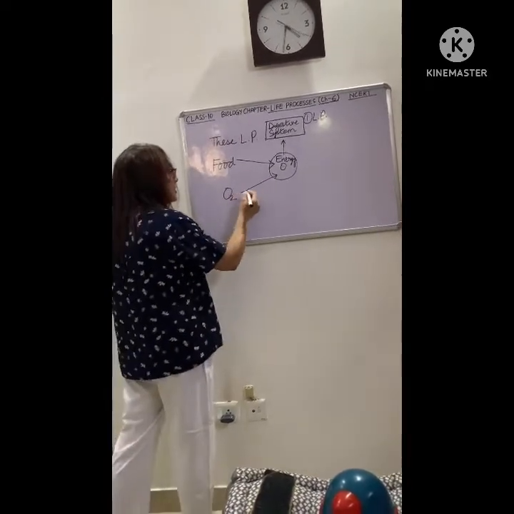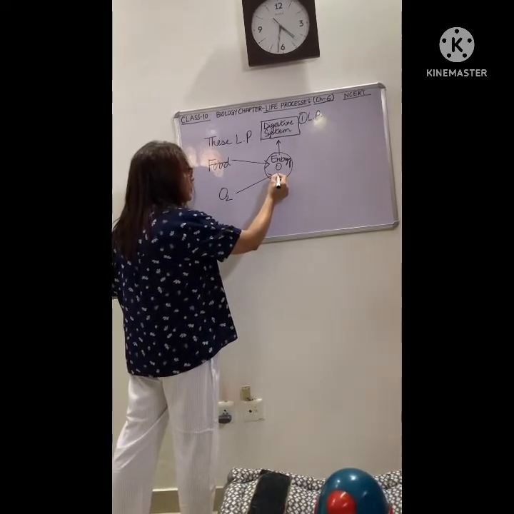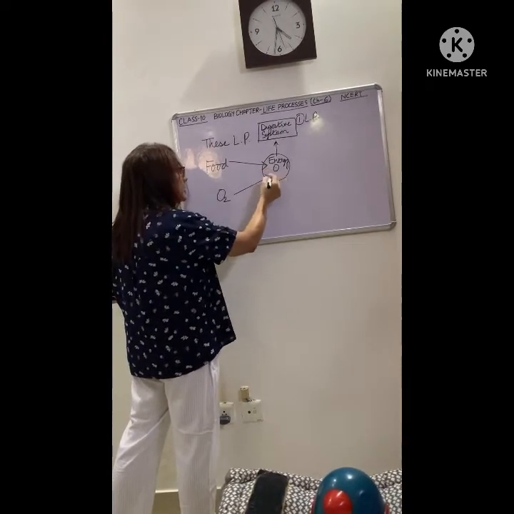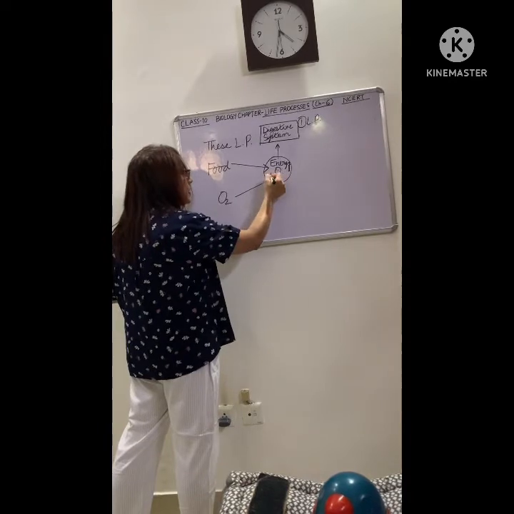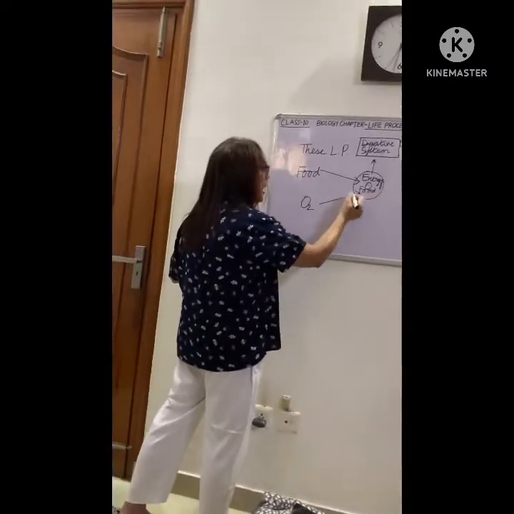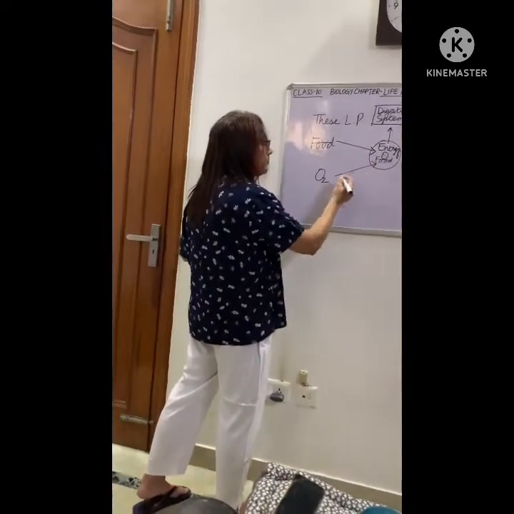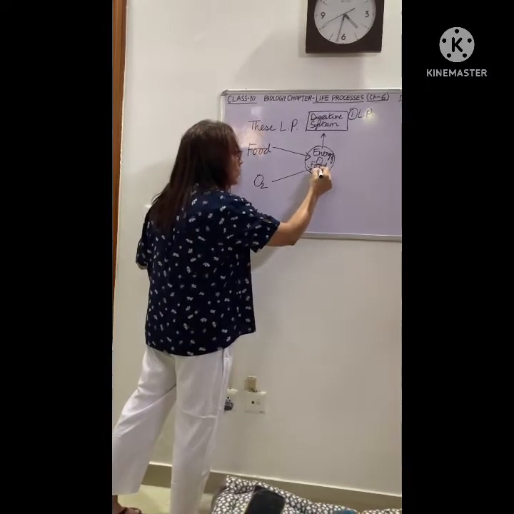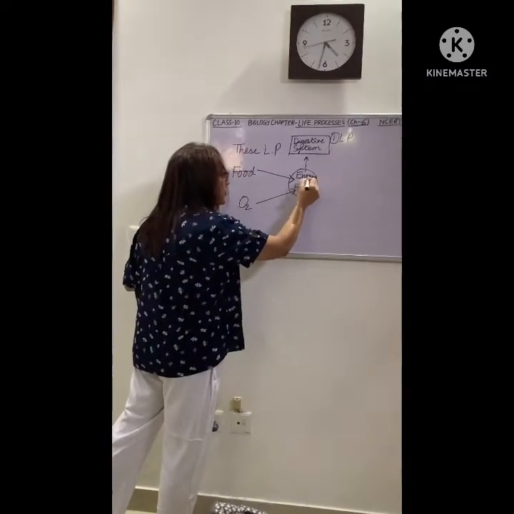And this oxygen is also taken up by the cell. In the cell there is food which is coming from here, and this food is broken down by the oxygen to release energy.